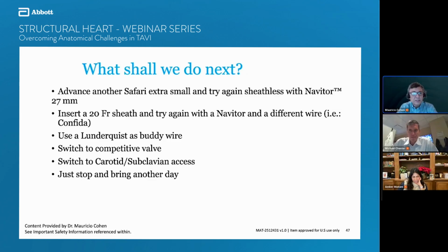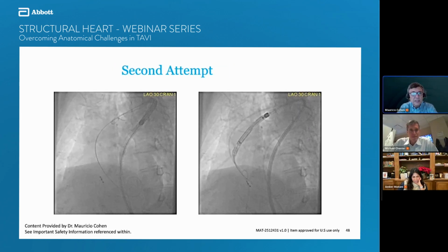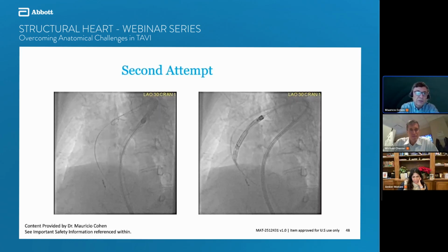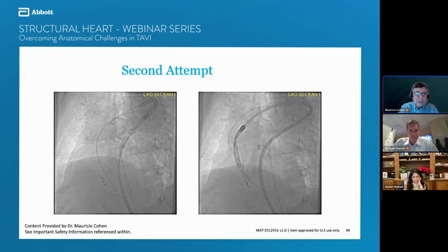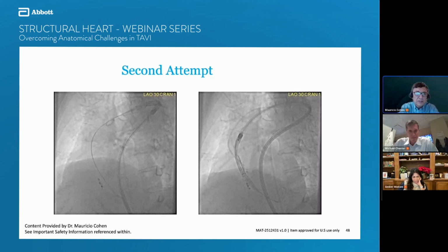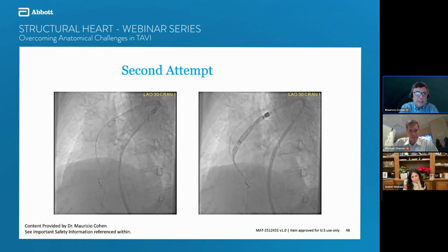Next slide, please. So this is the second attempt. As you can see, very patiently, beat by beat, we advanced the system. Just concentrate on the left panel.